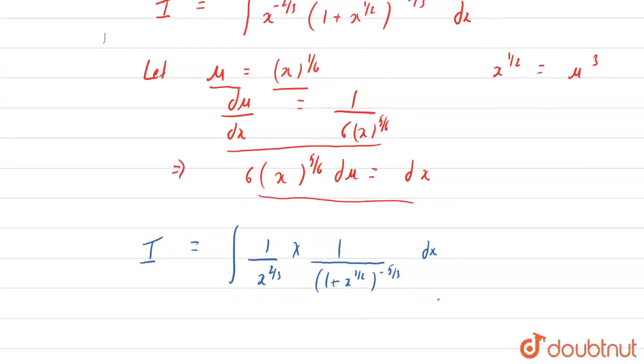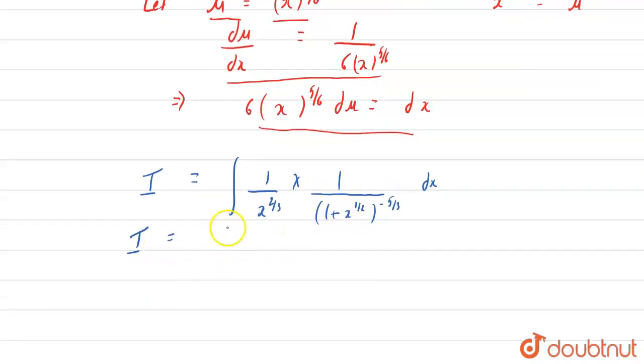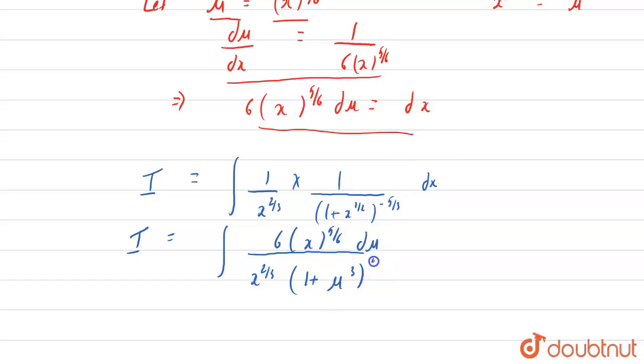Now if we change these values, I will be equal to 6 s to the power 5 by 6 du, and in the denominator s to the power 2 by 3, and 1 plus s to the power 1 by 2 is changed to (1 plus u cubed) to the power 5 by 3.